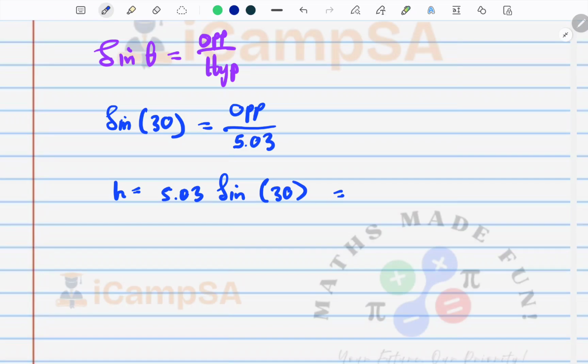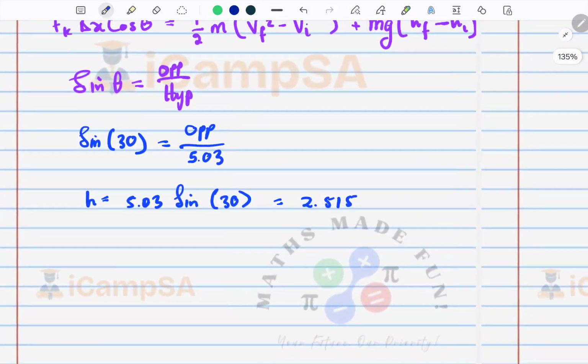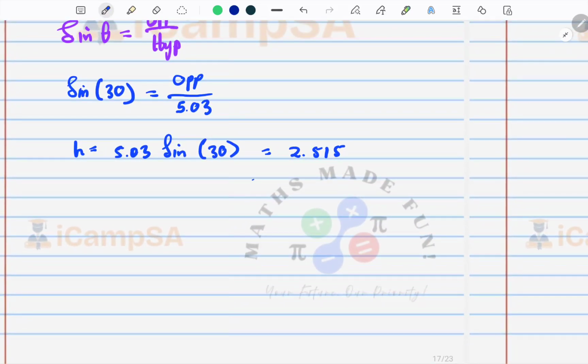What do we get from this? It's 5.03 divided by 2, which is 2.515. So you're going to have maybe a track that looks like so. This is 5.03, then your height is going to be 2.515, like so. Then this is your 30 degrees here.